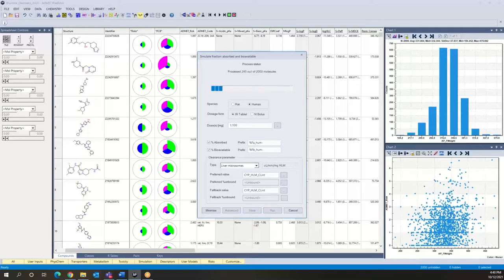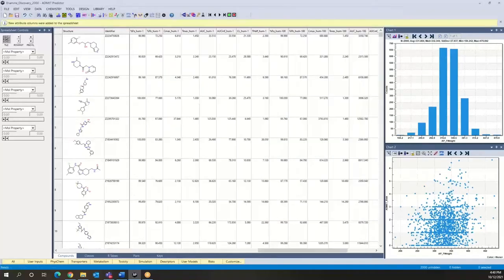Just like other calculations we've seen in the software, these calculations are multi-threaded, so they likewise go extremely fast. We're running at over 100 compounds per second, and this is just a standard laptop computer. There's really nothing special about it. So here we go.